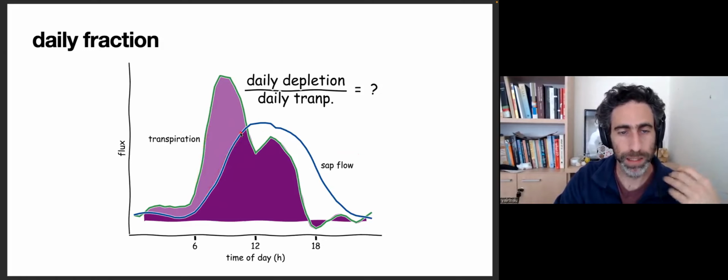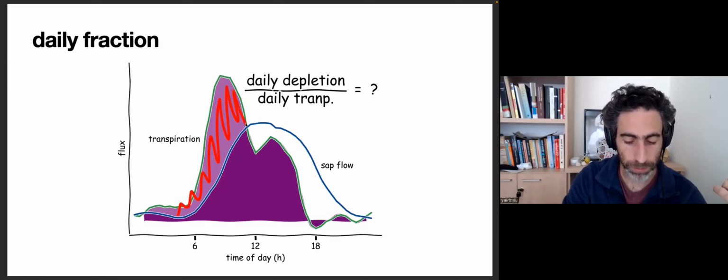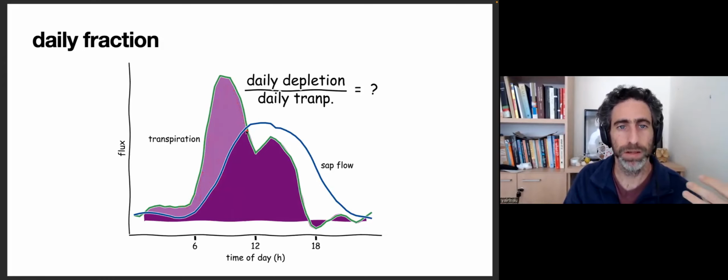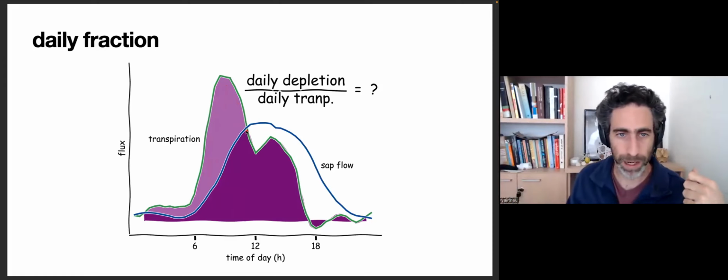A portion of the daily transpiration will not be coming directly from the soil, but it will be coming directly from the storage unit. It's like a bank account. So I go into that a little bit, and later in the day, I will fill up my bank account.